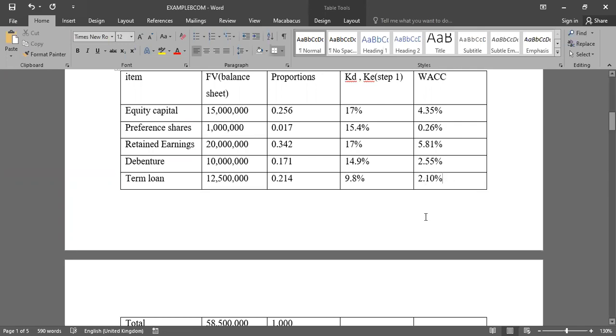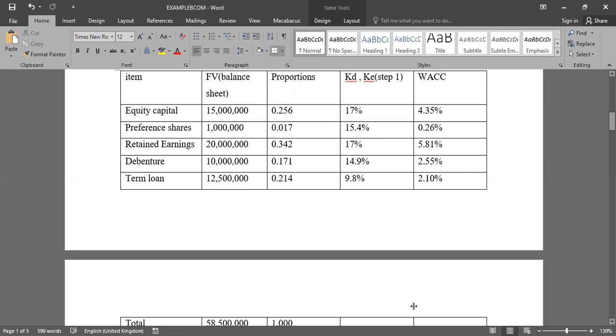Okay, then after getting each of those, then you just add them together. Okay, so still you type them the way they are. So 4.35 plus 0.26 plus 5.81 plus 2.55 plus 2.1.